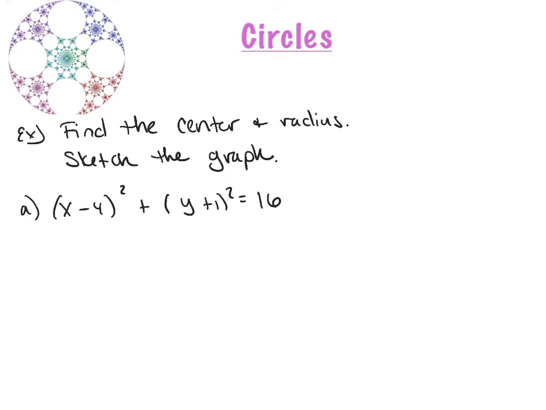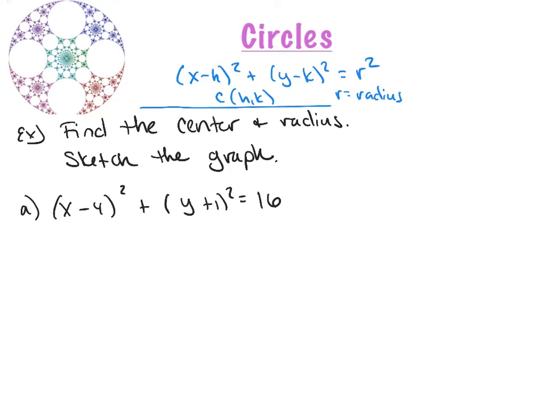Remember, standard form of our circle, x minus h squared plus y minus k squared equals r squared, where the center is at h and k, and r is the radius. So for this problem, the center, don't forget to change the signs. The center must be at 4, -1. And the radius, don't forget to take the square root. The radius must be 4.